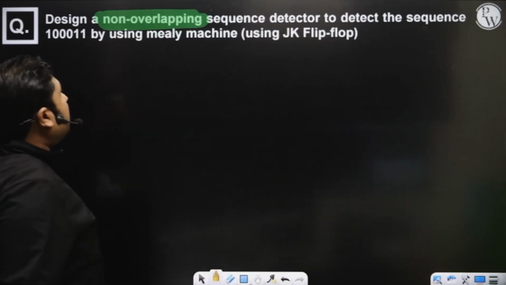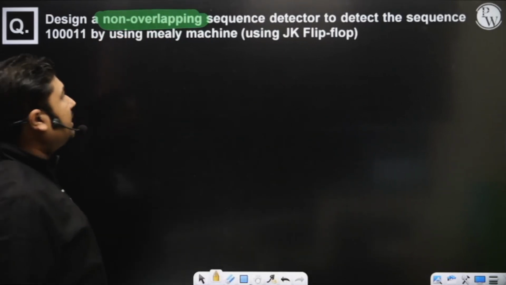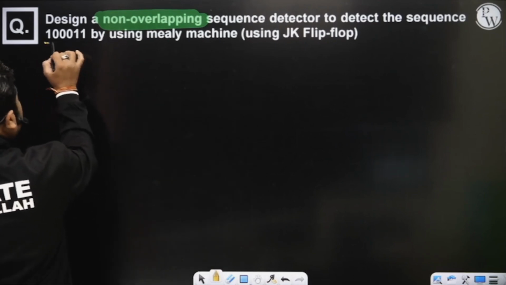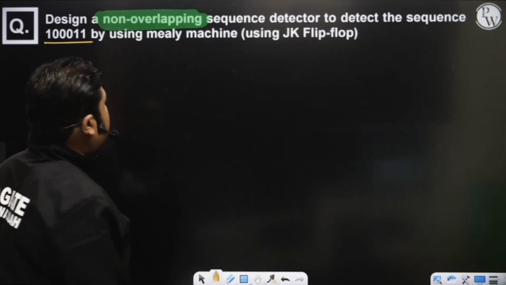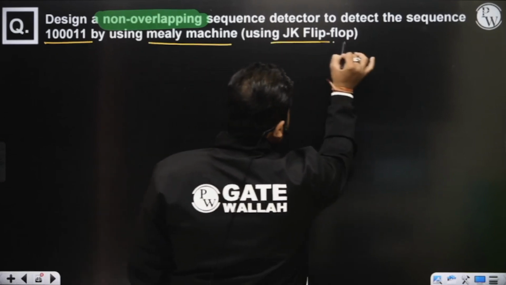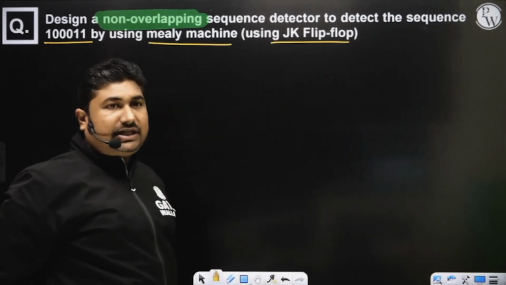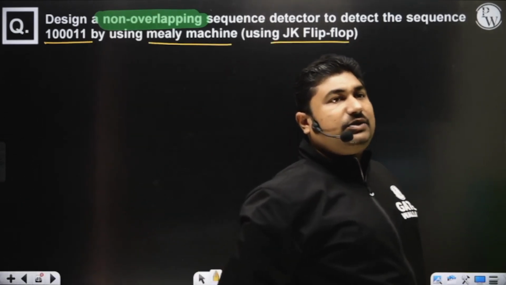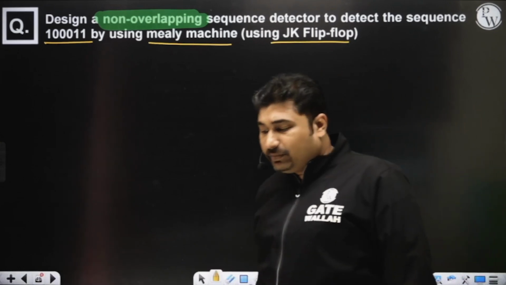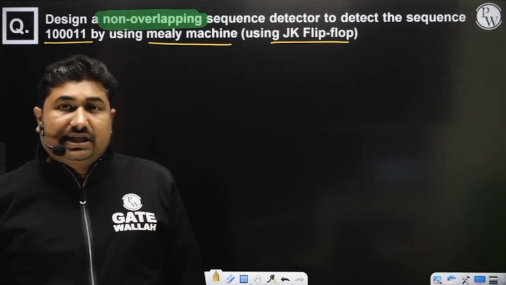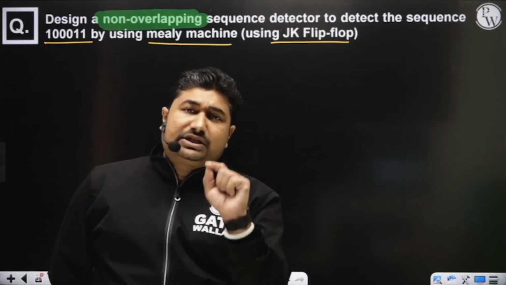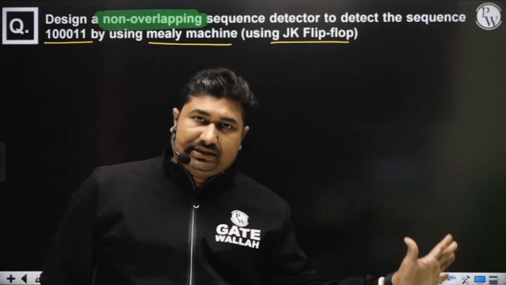Design a non-overlapping sequence detector to detect the sequence 1000011 by using Mealy machine using JK flip-flop. You can use D flip-flop, you can use T flip-flop. Presently, I wanted to know about the JK flip-flop because just one question makes you able to understand all the concepts. Okay.